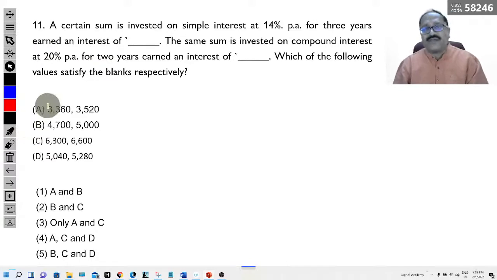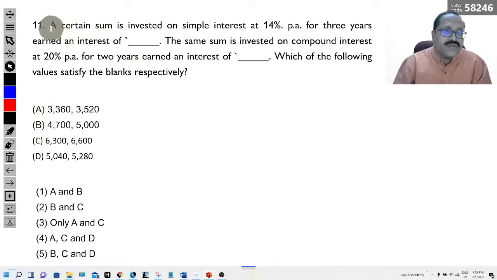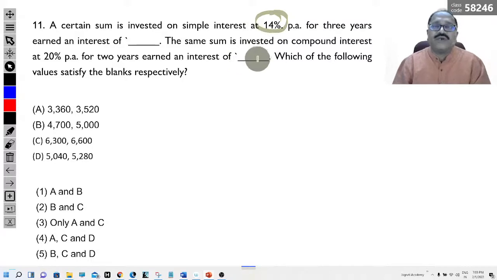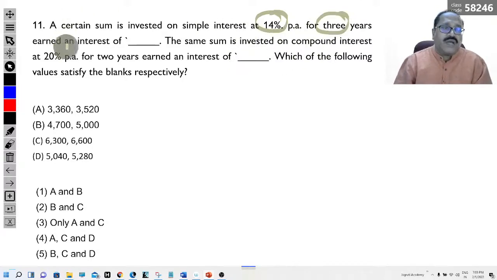Let's begin the question now. A certain sum is invested in simple interest at 14% per annum for 3 years and earned an interest of X rupees. Let's assume that this interest is X rupees.